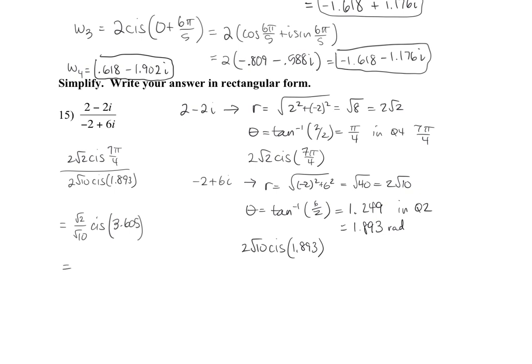So we need to convert that back into rectangular form. If we do cosine of 3.605 multiplied by root 2 over root 10, we get negative 0.4. And if we do sine of 3.605 times root 2 over root 10, that's negative 0.2.